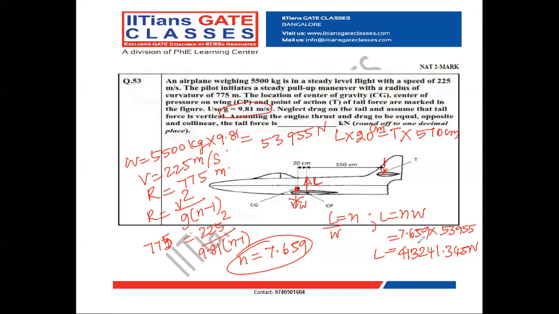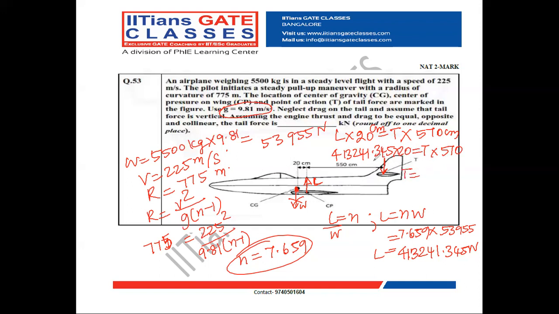We already know what is lift force. Lift force is 413,241.345 into 20. That is equal to tail force into 570 centimeter. Because 20 is also in centimeter, 570 is also centimeter, so we need not convert into meter terms.